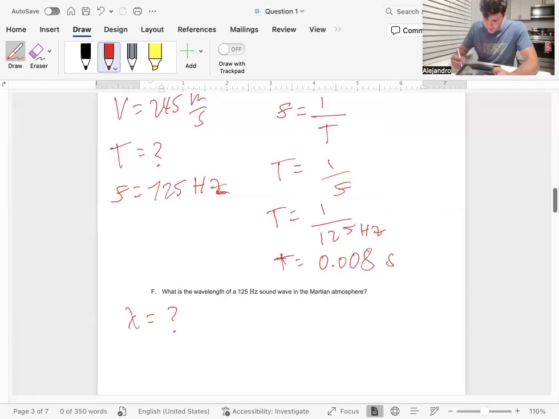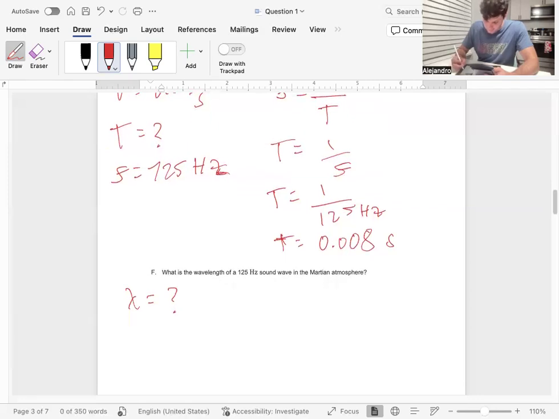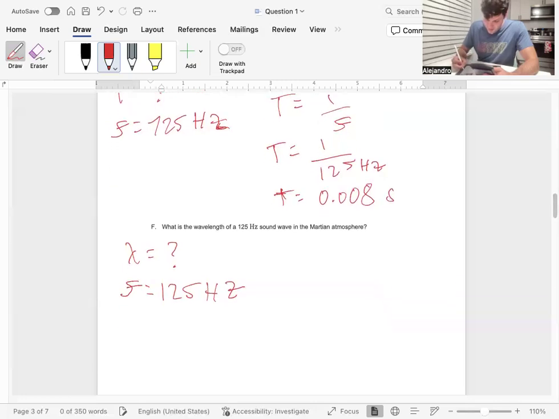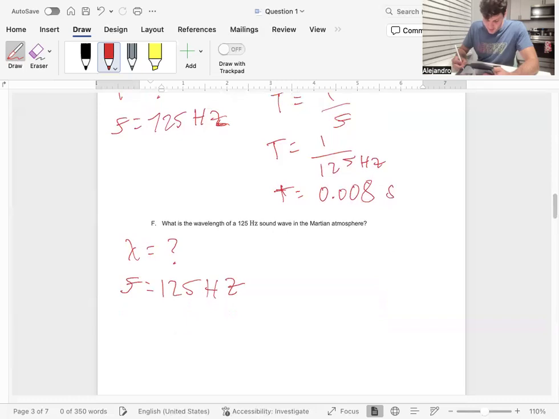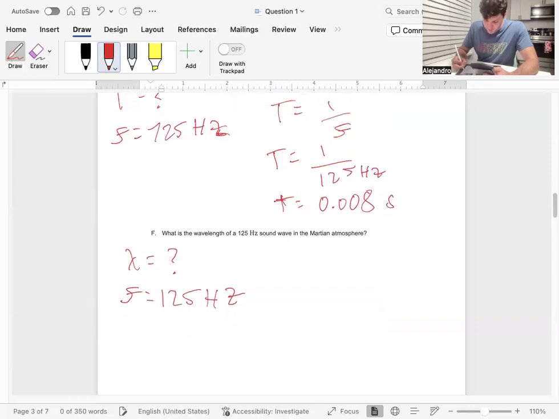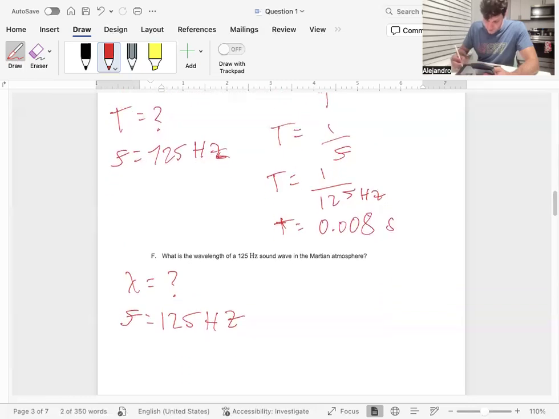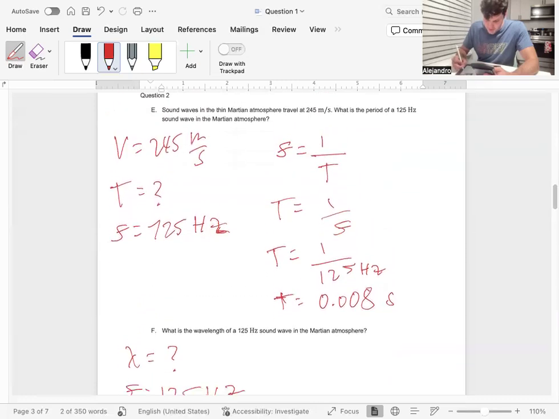We have the frequency, which is 125. There is a relationship that we can use here. We have the period, and we have the speed.